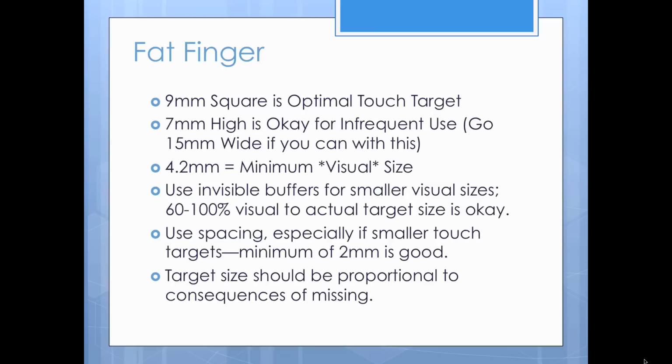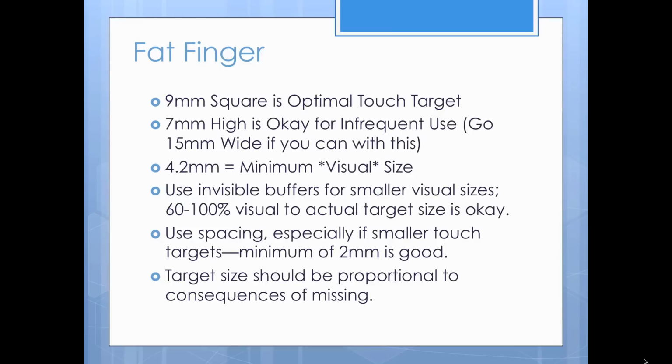You would put an invisible rectangle overlay around your visual target, and that means that when people get near it, even if it's visually smaller, they'll still be able to touch it, and that's perfectly fine.